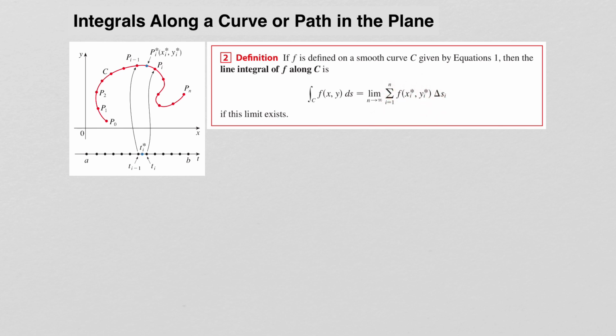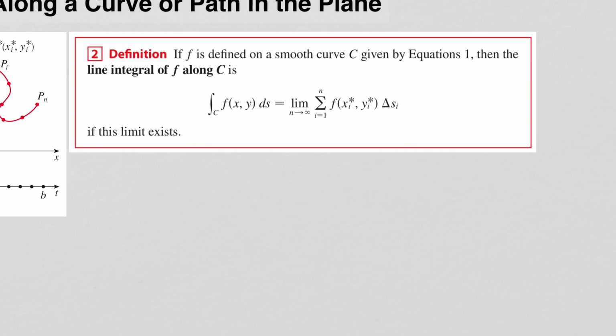If we add all those up and then take the limit as n goes to infinity, we get a definite integral. This integral is what we call the line integral of the function f along the curve C, provided that this limit exists.